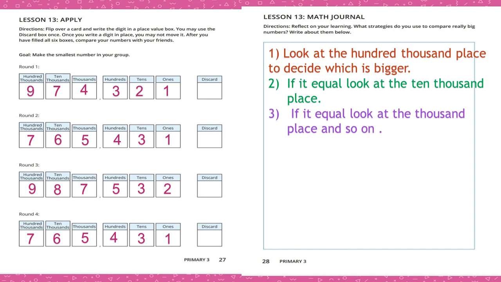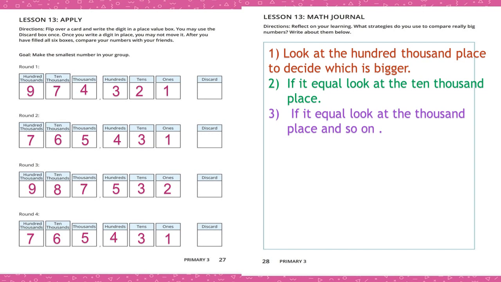The last one I picked were 6, 5, 7, 1, 3, 4. Then the greatest number will be 765,431.